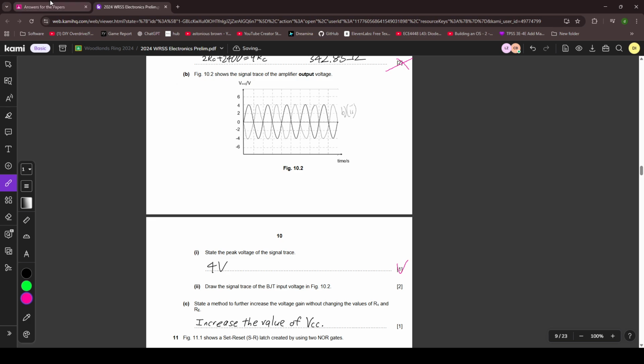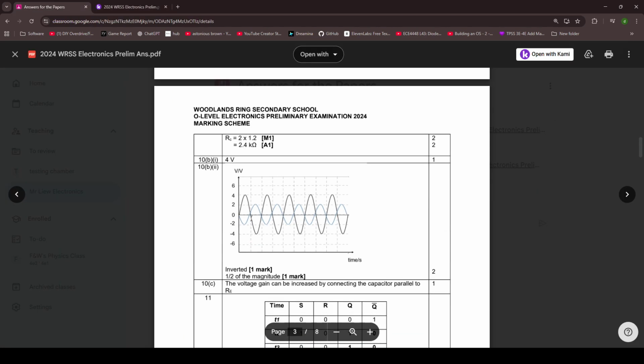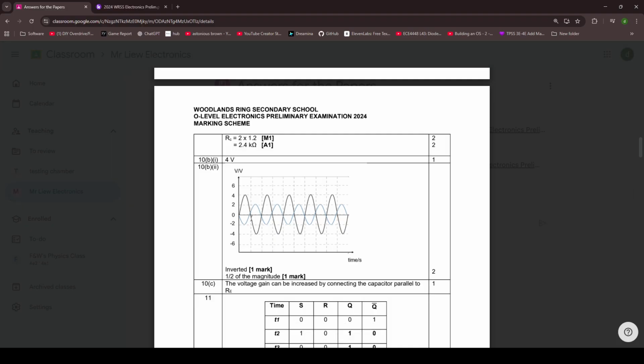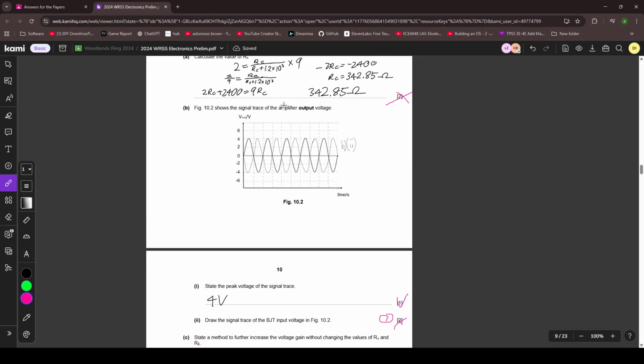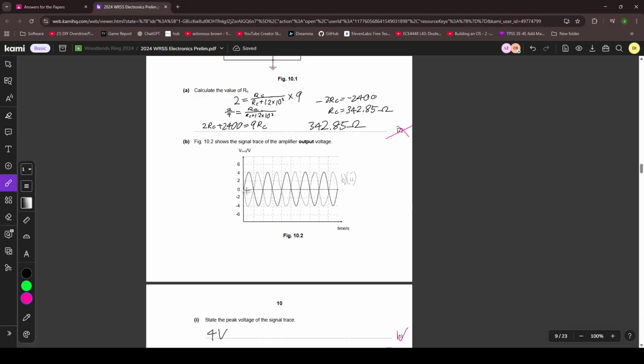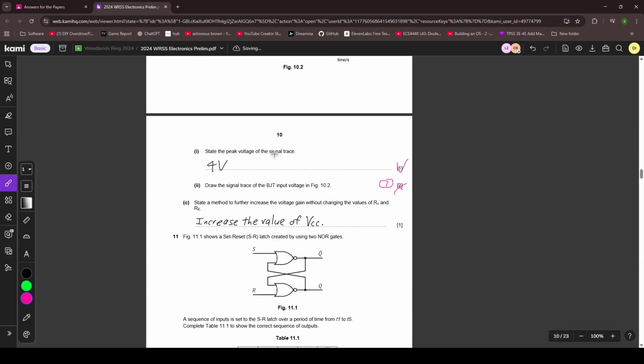Oh, sorry, why is it out of phase? It's supposed to be out of phase. Okay, I'm just dumb lah. I'm the dumb one here. Okay, yeah, you're partially right. Because it's the input, right, and then this amplifies it. It needs to be smaller. So yeah, you're partially right.